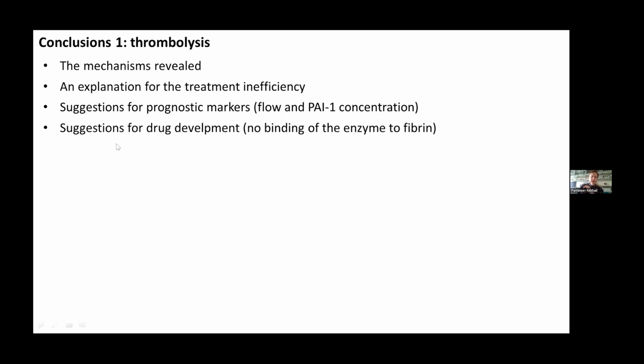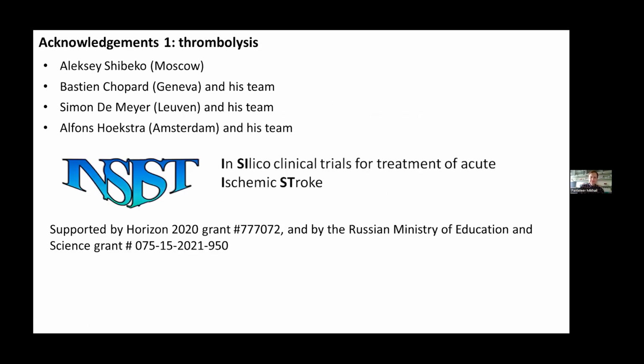And we also can have a suggestion for further drug development: drugs without binding to fibrin or not susceptible to inhibition by PAI-1 can lyse clots that are not lysed by TPA.